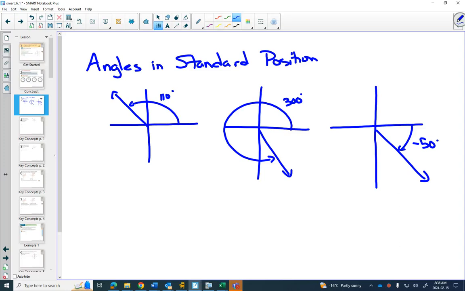And so now we have to look at the key parts of the definition.